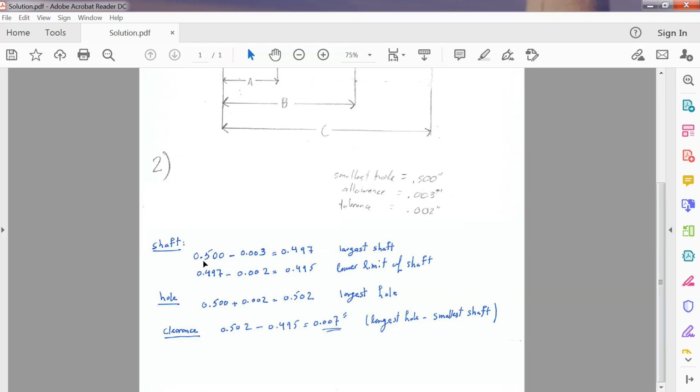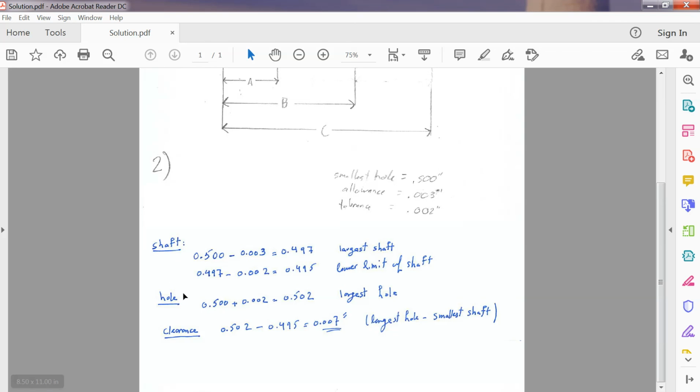So we know that the smallest hole is 0.5, and we have an allowance of 0.003. If we subtract 0.003 from 0.5, we get 0.497 as the largest possible shaft. Now we also know that the tolerance is given as 0.002 inches, so if we subtract that from the largest shaft, we get the lower limit of the shaft, which becomes 0.495 inches.